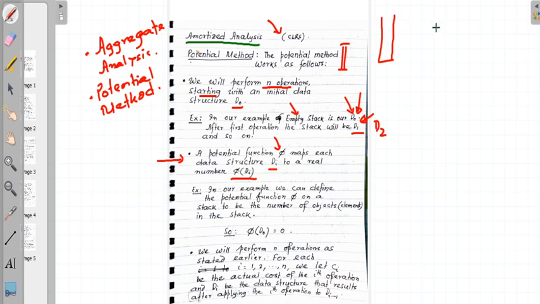For example, we can define the potential function phi on a stack to be the number of objects or elements in the stack.